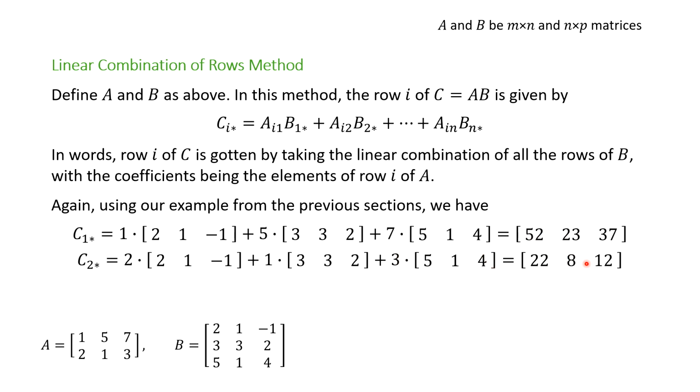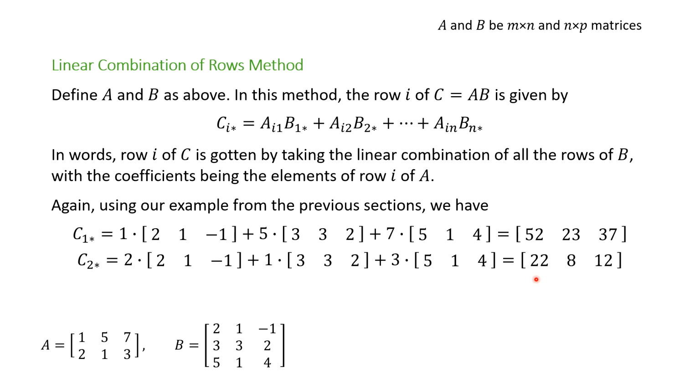This is the first row and this is the second row, this is the product AB. And if you recall, this is exactly what we got on the previous slide. And in fact, in the very first example we did, we only did the first column, but we did get 5222.